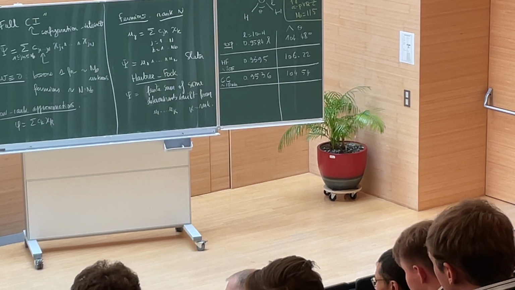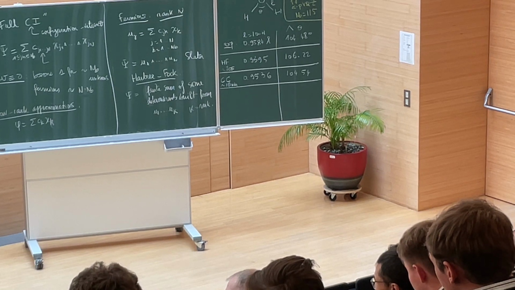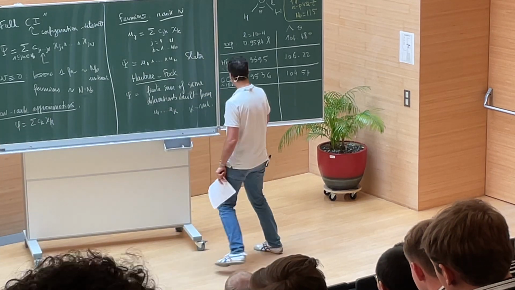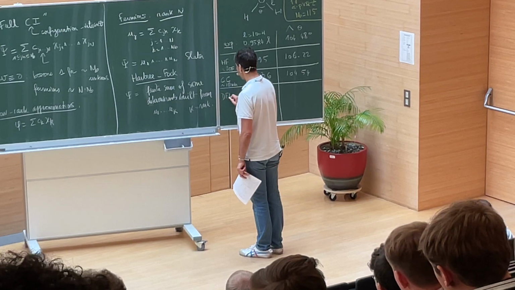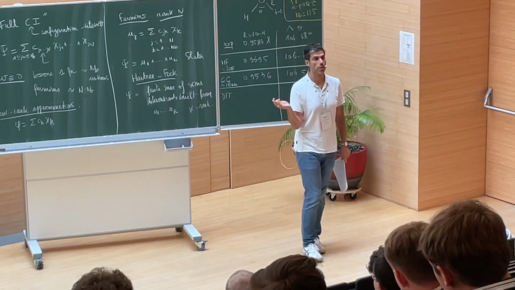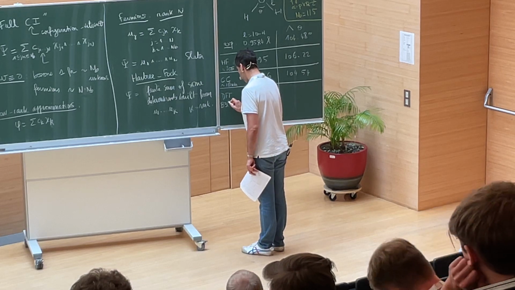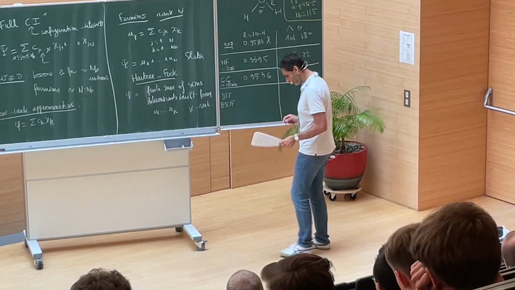Now this lecture is about DFT, so I can't resist telling you what I got using DFT. DFT doesn't mean anything by itself because there are thousands of functionals, but I used the most famous one, which is called B3LYP. I will get back to it.